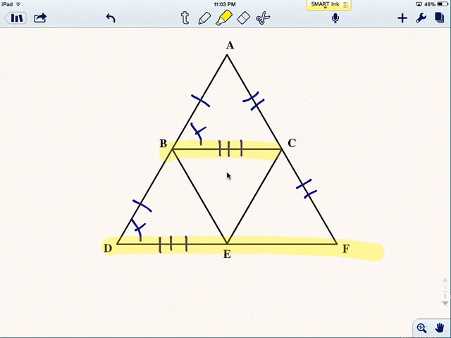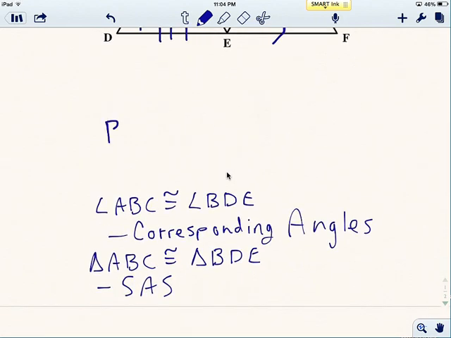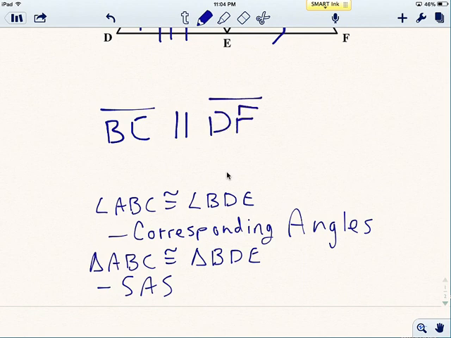We'd be done already. But it didn't say that. So that's what I need right now. I need to say that BC is parallel to DF. Let's write that down here. Let's say that BC is parallel, remember our notation, to DF. Oh man, things are getting sloppy.